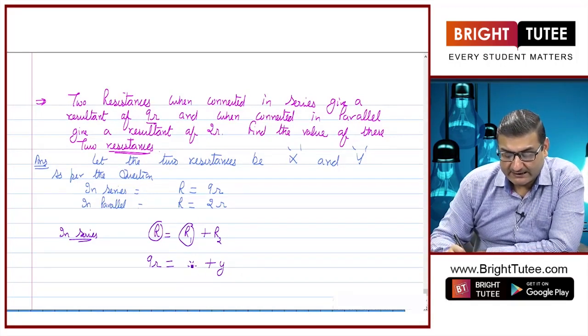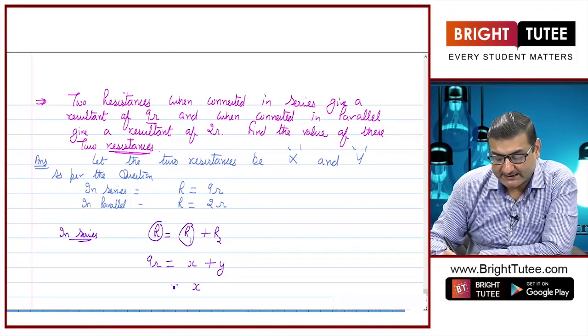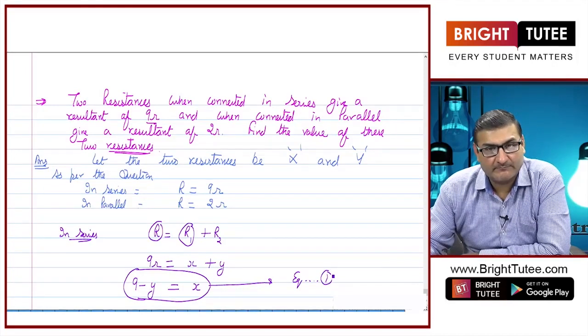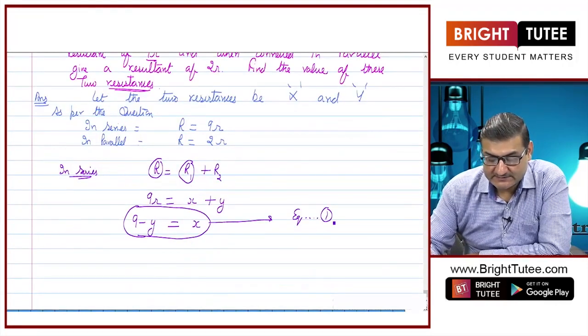So, I can write X plus Y is equal to 9 ohms, or I can say that X is equal to 9 minus Y. This I will keep out to be my equation number 1. Got it?